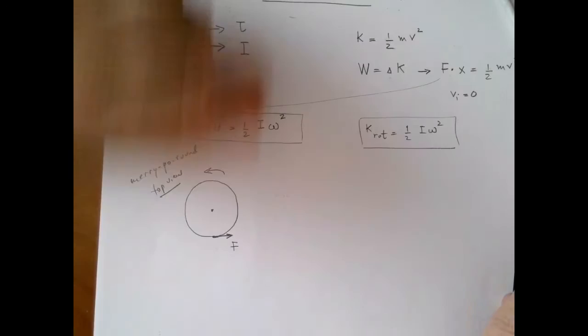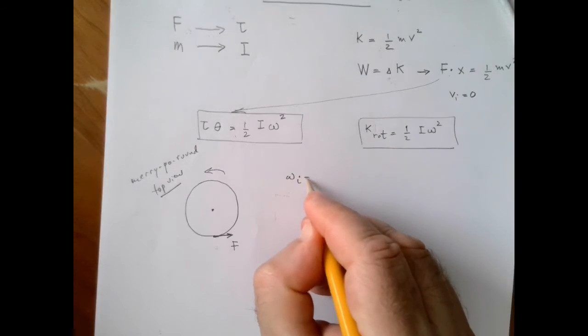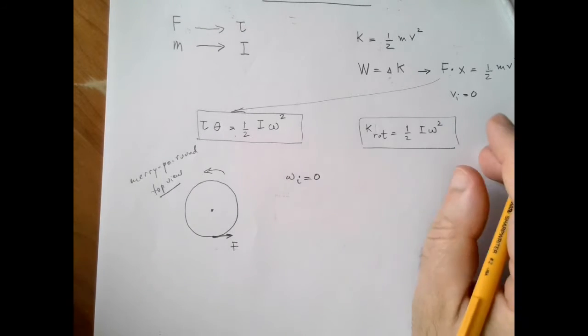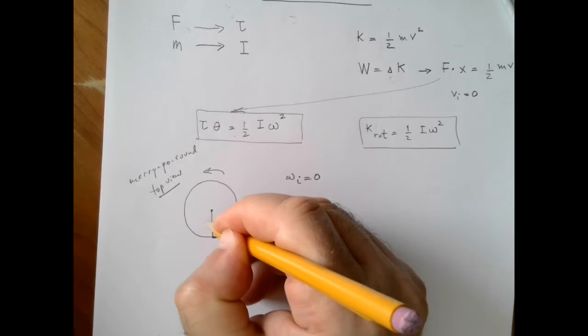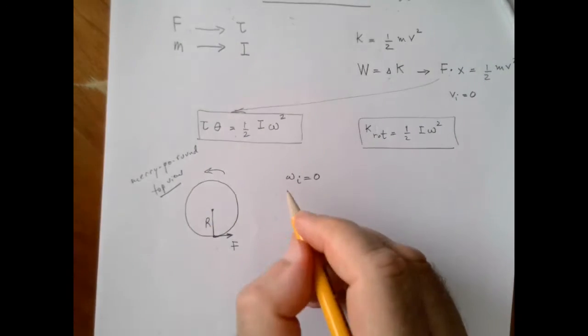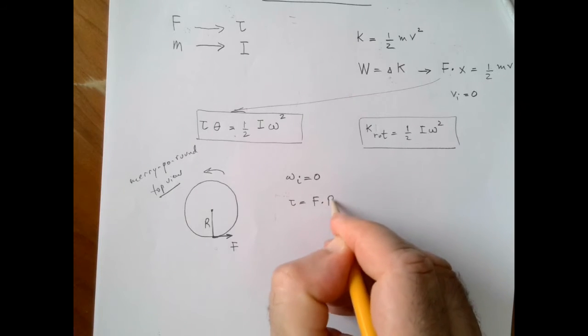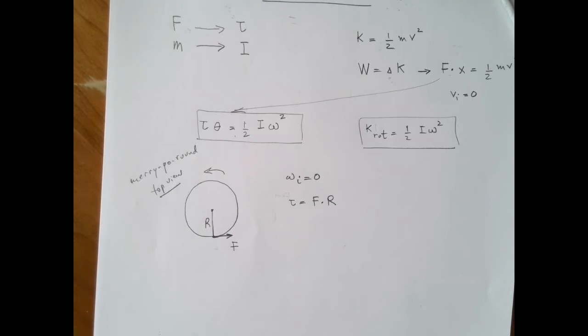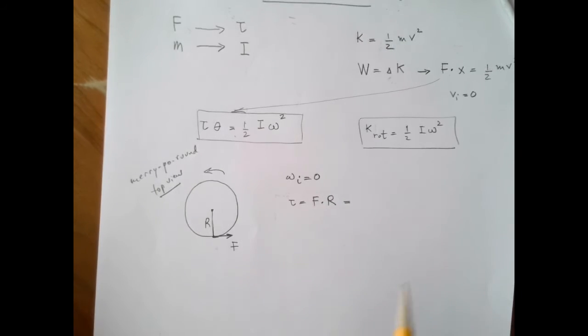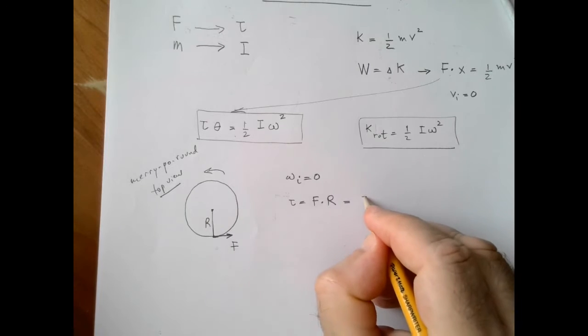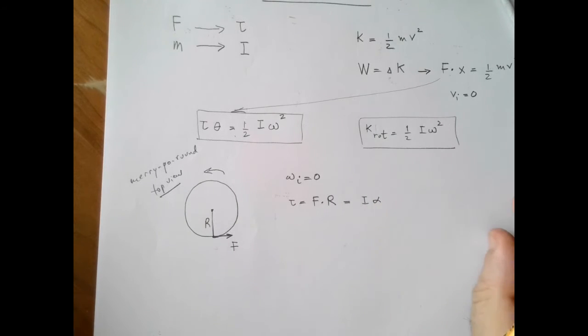The merry-go-round starts from rest, so the initial angular speed is 0. I'm applying a force. This is the radius. So that means I'm applying a torque F multiplied by R. I know that F multiplied by R, the torque, is actually the moment of inertia multiplied by the angular acceleration.